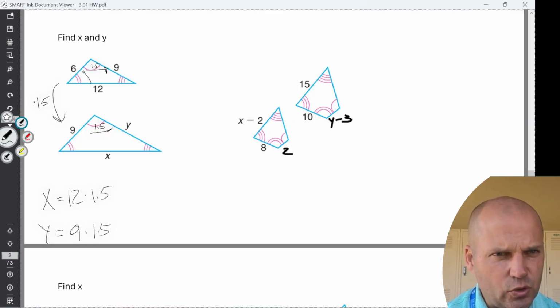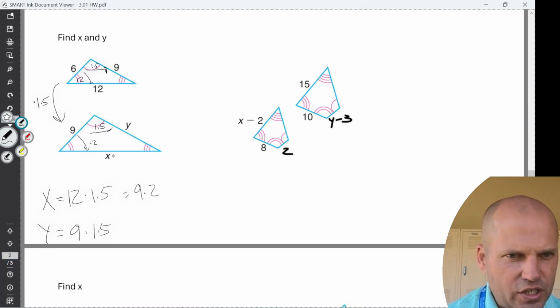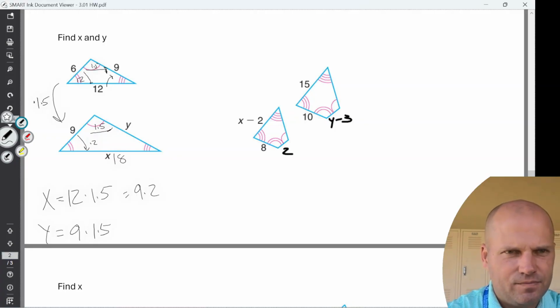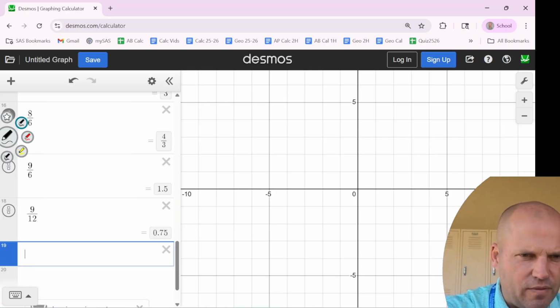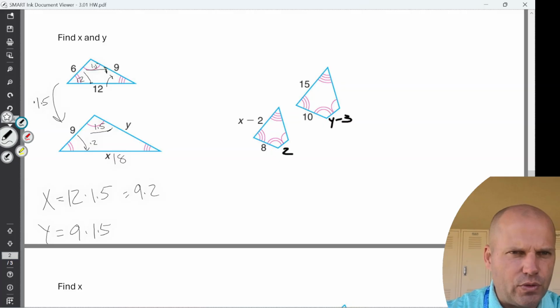You could do 6 to 12. That's a times 2. So that 9 to x in the big triangle, 9 times 2 will be the same as the 12 times 1.5. You could get that x is 18. You could look at 12 to 9. So 9 to 12 is 0.75. So times 0.75, or you go 12 to 9 is 1.333.